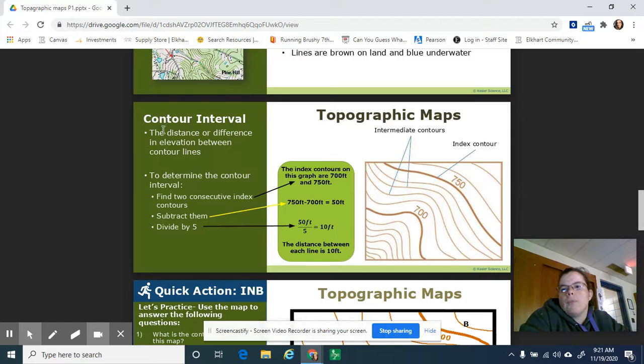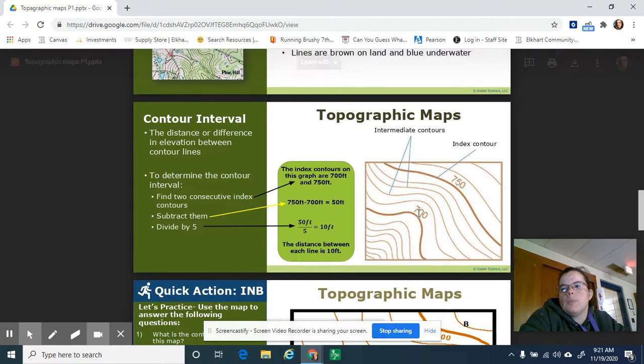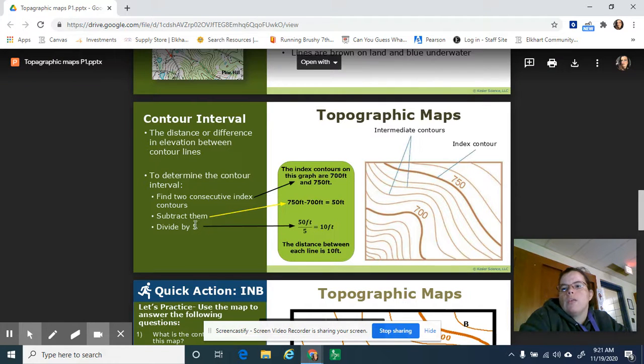Contour interval. The distance or difference in the elevation between contour lines. To determine the contour interval, you have to find the two consecutive index contours, meaning the two named contours. We have 700 and 750. Then you're going to subtract them.